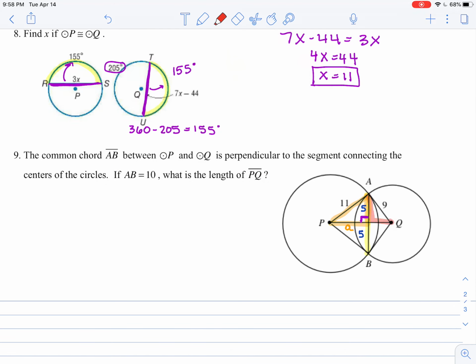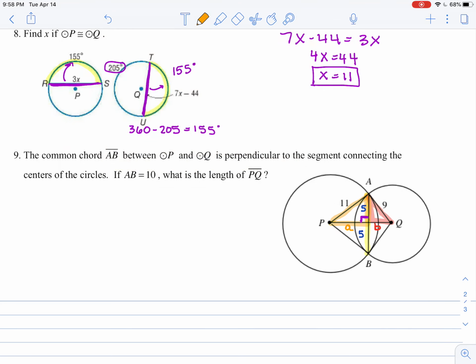That's this one. It has one leg that's 5 units as well. Hypotenuse is 9, but we're missing the other leg. Let's call it B. If I can solve each of these right triangles for A and B, I can add them together to get the length of PQ. So let's do exactly that.